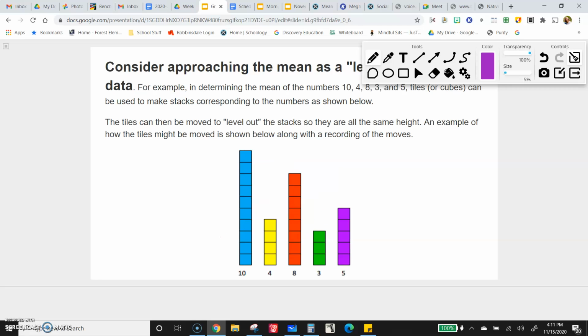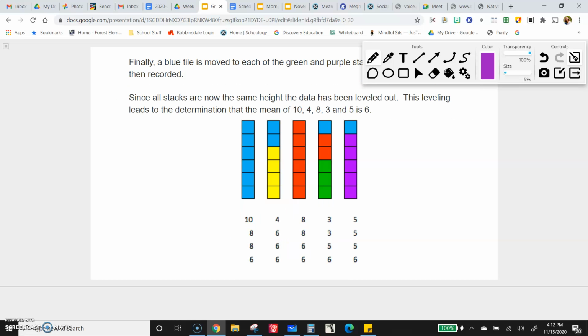So I started with 10, 4, 8, 3, and 5, but after I leveled them out, it was all 6. So the mean is 6. But don't worry, you're not going to have to make stacks and make them all level in order to find the mean every time. But I just wanted to show you that the mean can also be thought of making them all level, making them all the same size.